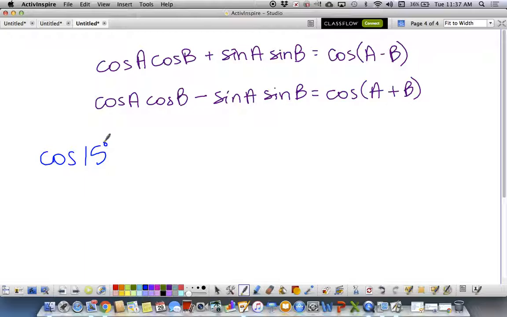Because I might want to know, what is cosine of 15 degrees? And you can't put that in a triangle, can you? No. Which ones do you know in a triangle? 30, 45, 60, technically you know 90, and 0 and 180, yes. So you know about a handful of things.